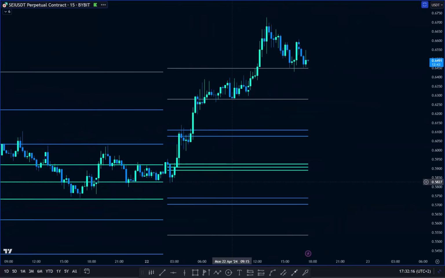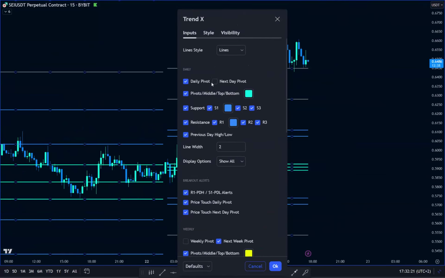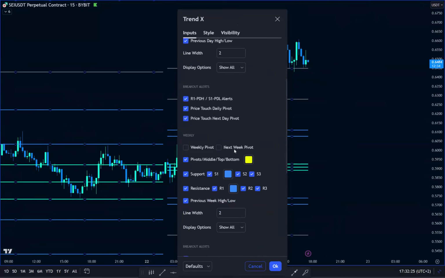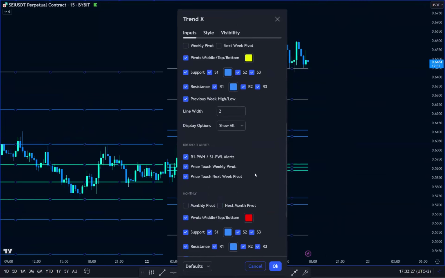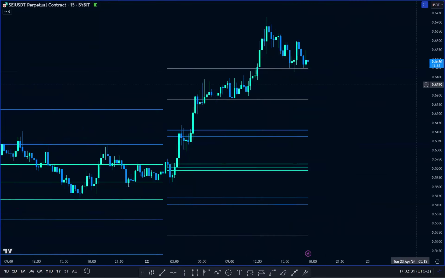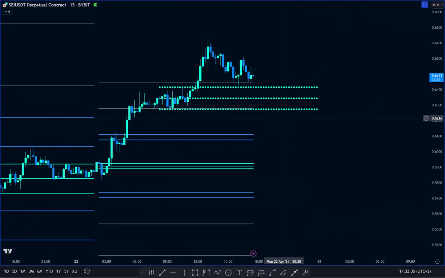So I've built in a new feature. If you look in TrendX, it's going to show you the next day pivot or the next week pivot or the next month pivot. This is going to create a projection on the screen to show you where the next day's pivot will arise before it actually arises.